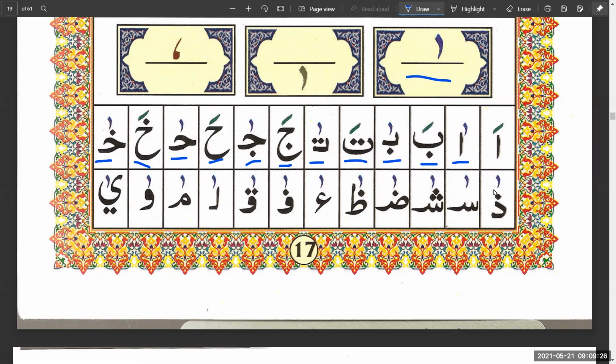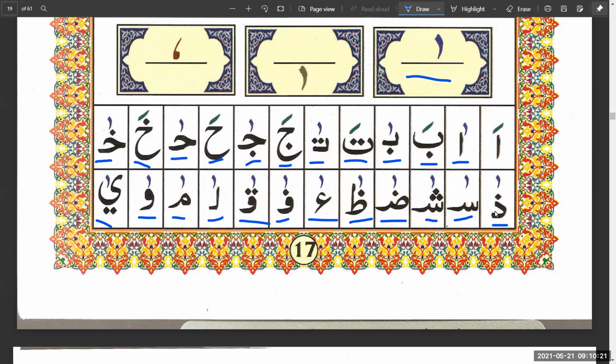So we have thal standing fatha dha, sin standing fatha sa, sheen standing fatha sha, lad standing fatha la, va standing fatha va, hamza standing fatha fa, fa standing fatha fa, qaf standing fatha qa, lam standing fatha la, mim standing fatha ma, wow standing fatha wa, and finally ya standing fatha ya.